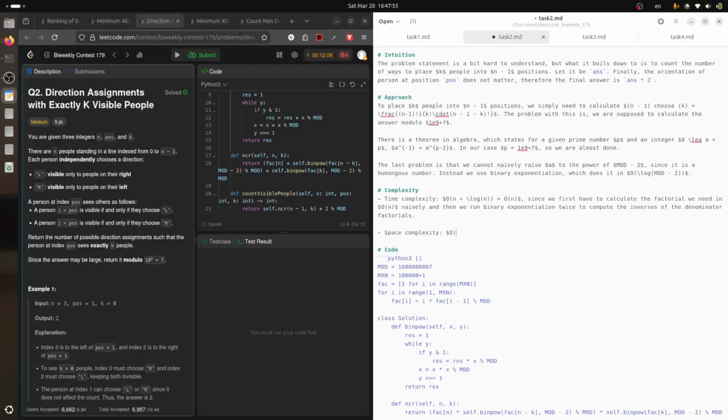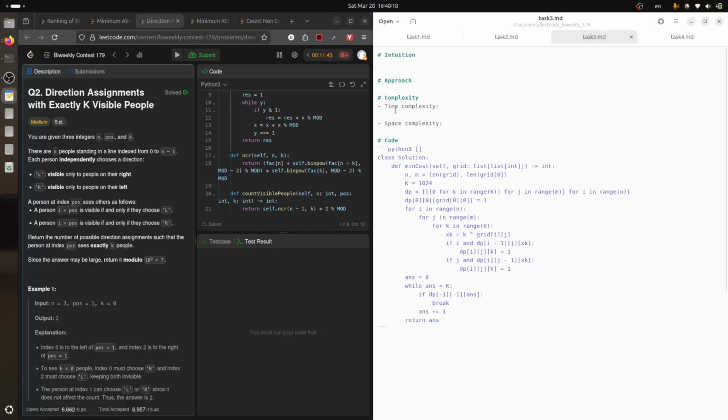Okay, so I mean, O(1) if we only store the three factorials we need for our calculations, I guess.